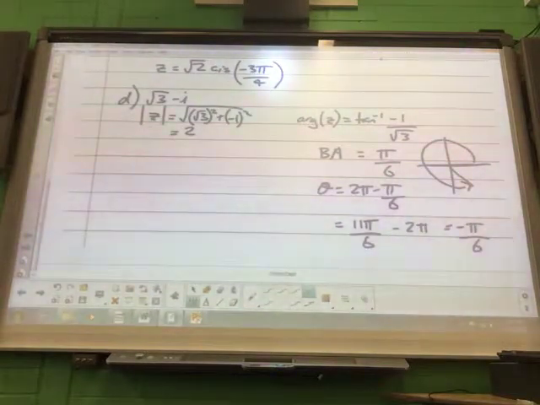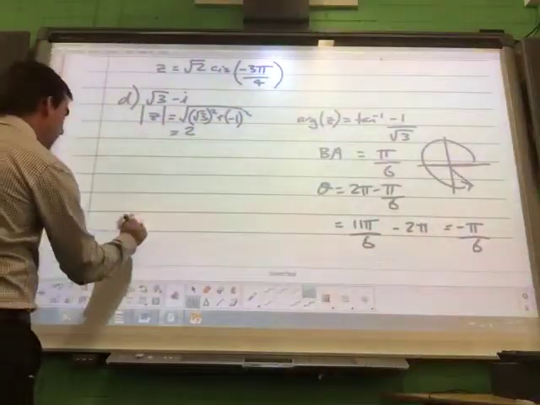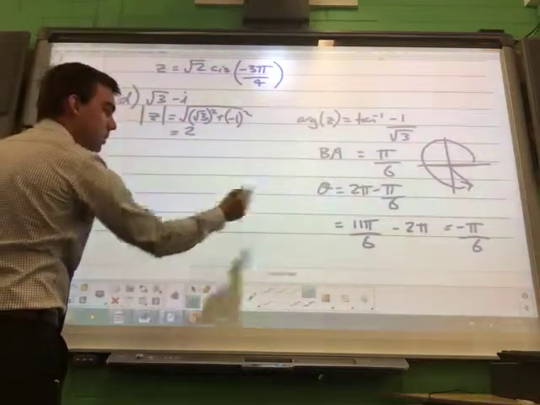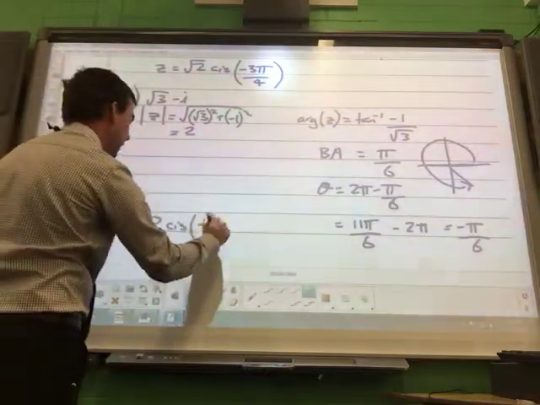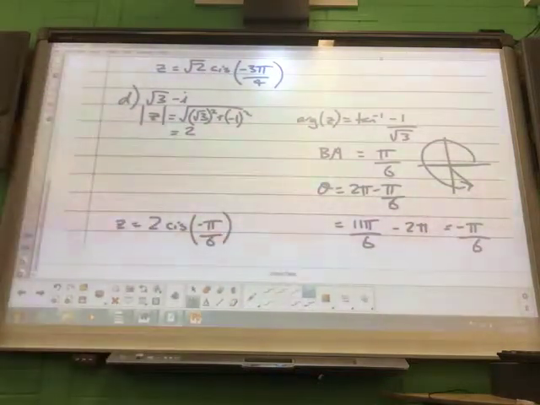And that's certainly between negative pi and pi. So z is going to be the modulus, which is 2, cis of negative pi on 6. Question?